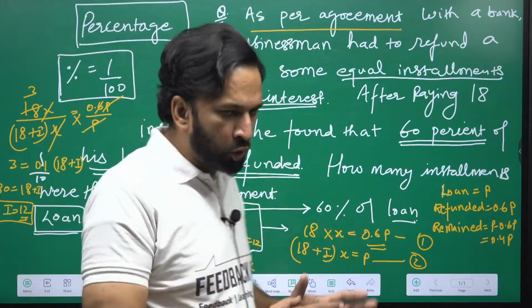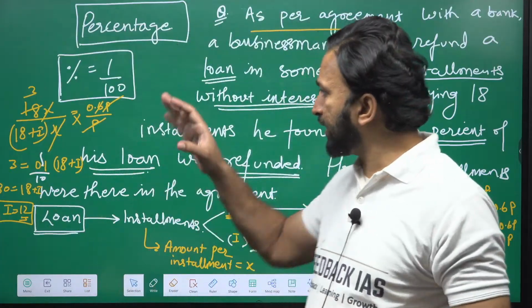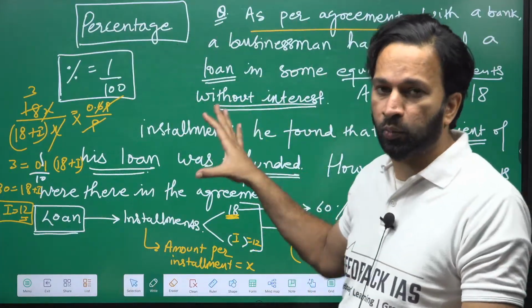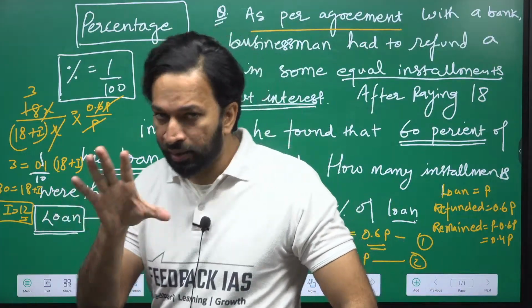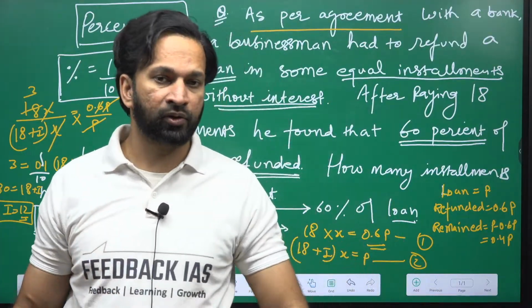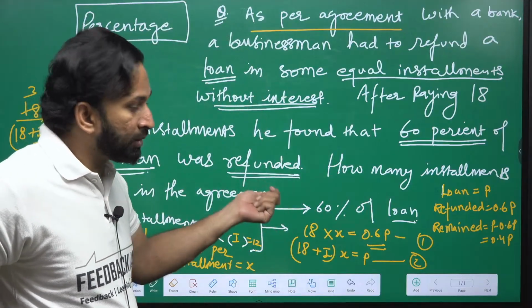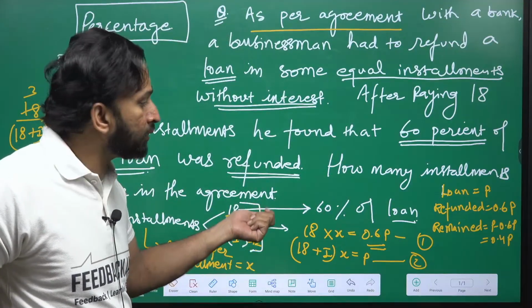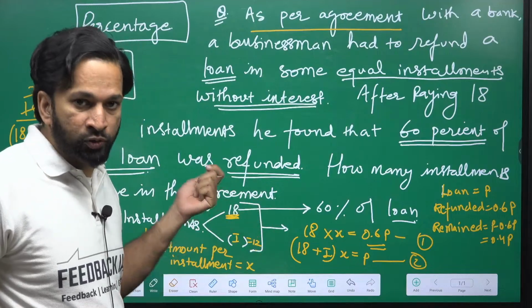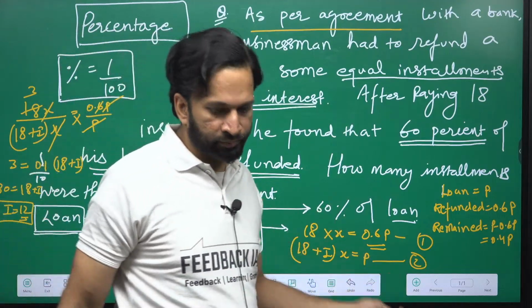So the sole objective is to read the question in a way that we are able to understand the demand of the question and calculate as per the demand only, logically and within the time limit, so that we do not waste our time.